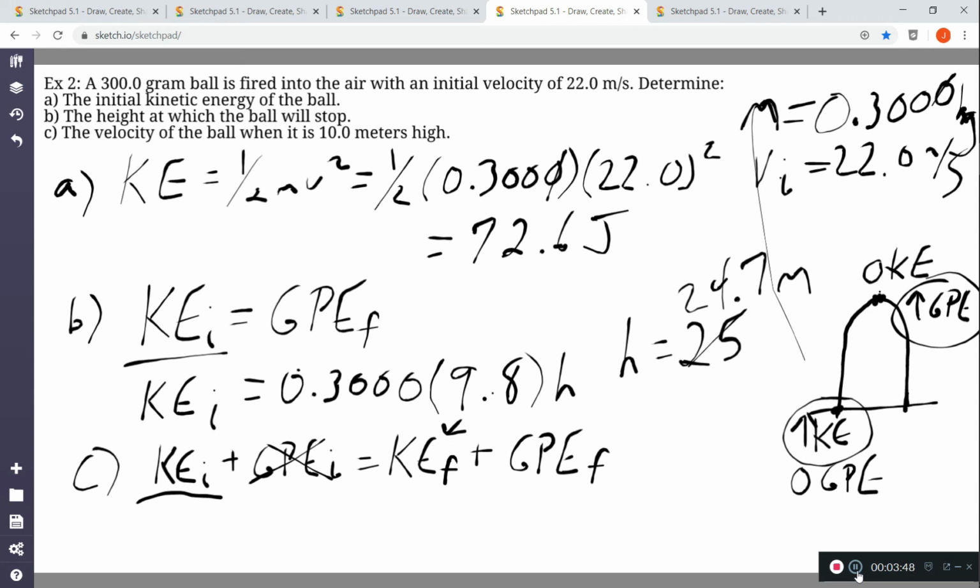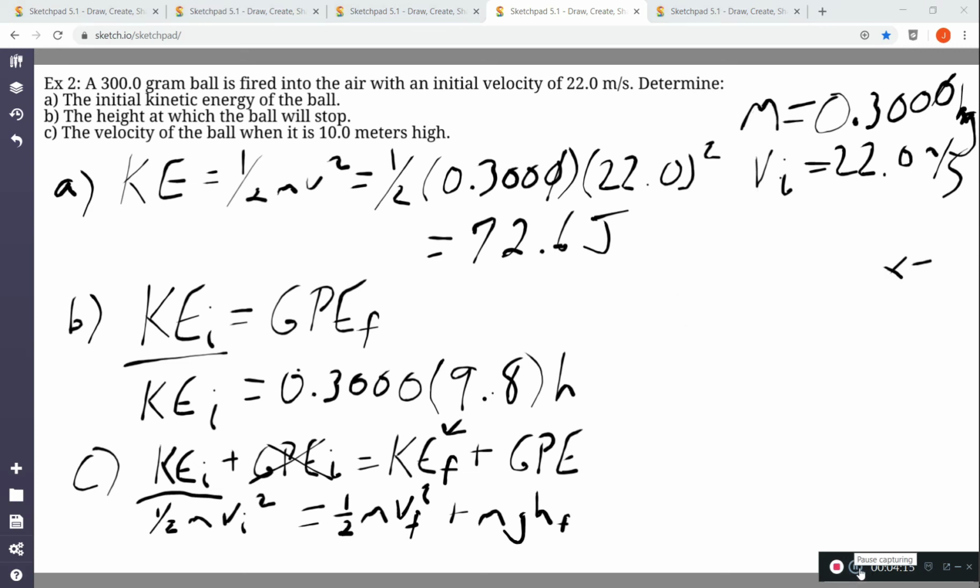The formulas are 1/2 m v_i squared, the initial velocity, plus 0, we're not going to put that in, equals 1/2 m v_final squared, plus mgh, and that'd be our final height, so I'm going to subscript f. I'm going to clear some of this so I can finish this problem out.